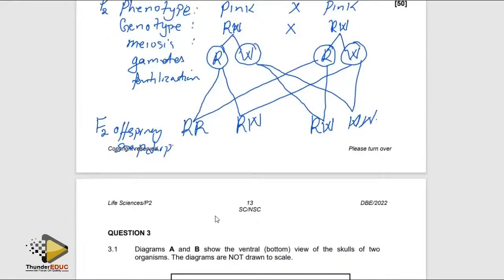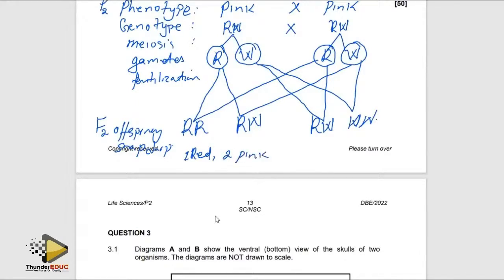Now, capital R is red. So I have red. How many are they? It's 1. I have capital R, capital W. It is pink. Capital R, capital W is pink. So I have 2 pink.